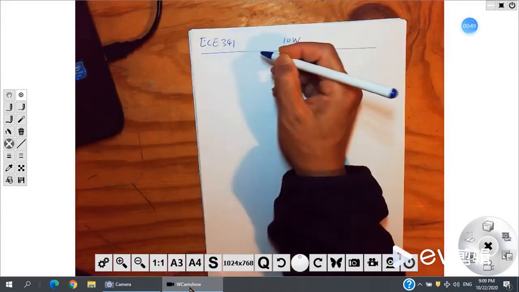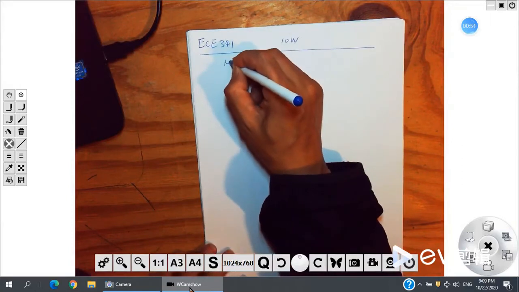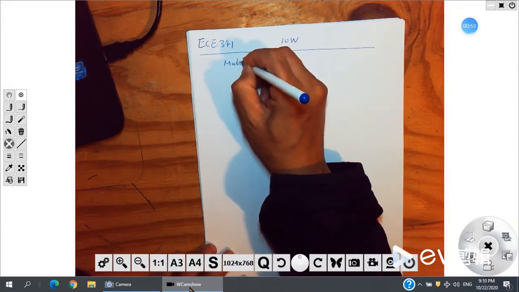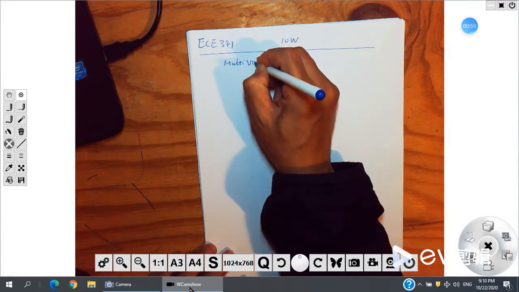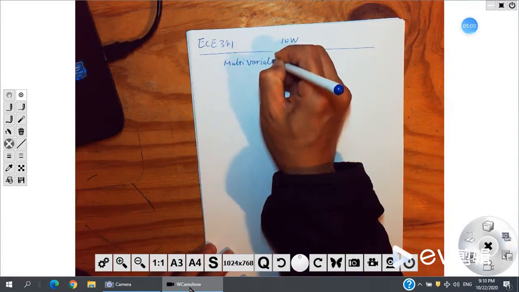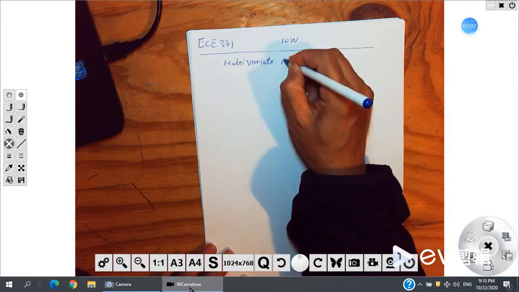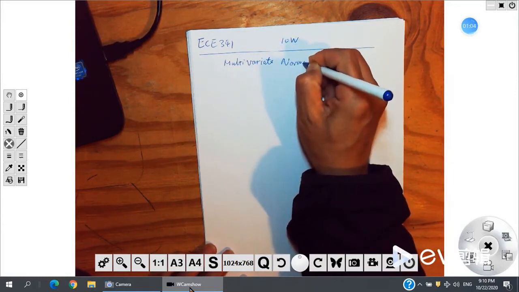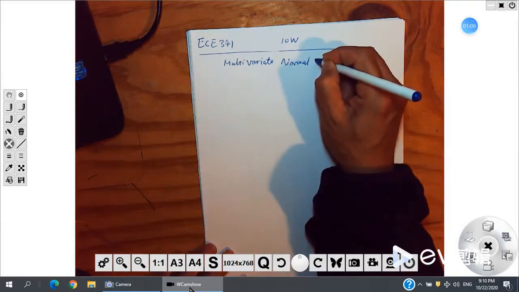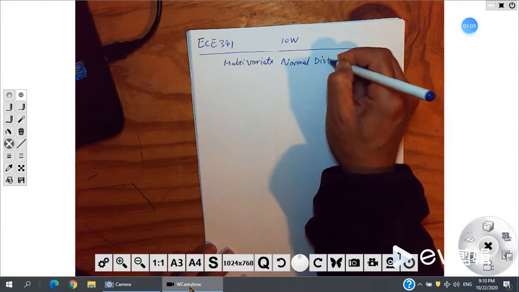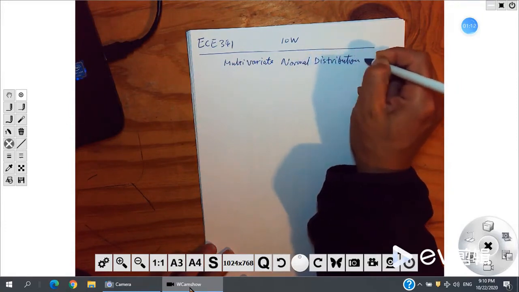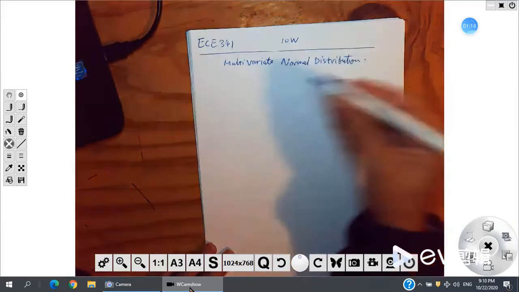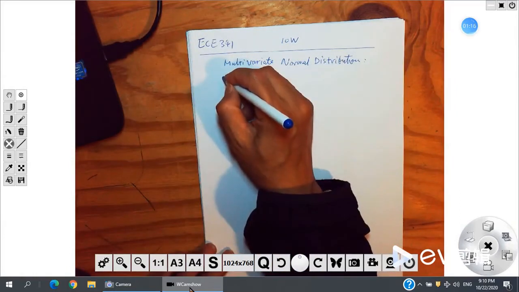So we will consider the multivariate normal distribution or Gaussian distribution, the same thing. All right. Here the notation is we write in this way.